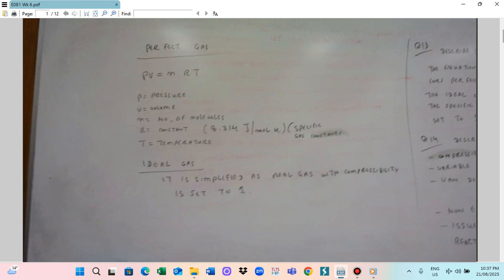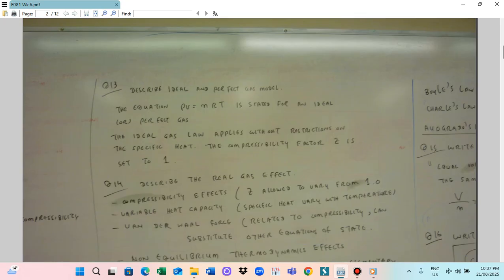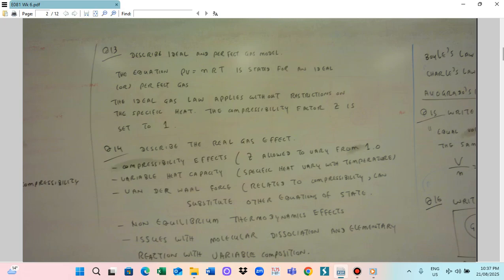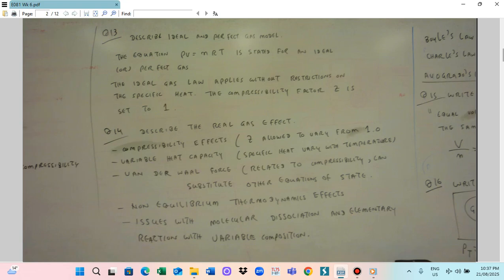Also we must have the specific heat capacity. Also we have the non-equilibrium thermodynamic aspect. So gas must also transfer heat. Also molecular dissociation. Gas molecules can be dissociated at a certain temperature and pressure. So this is the important aspect of the real gas effect.